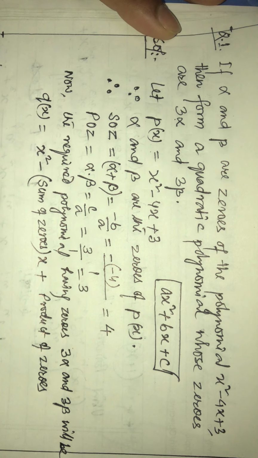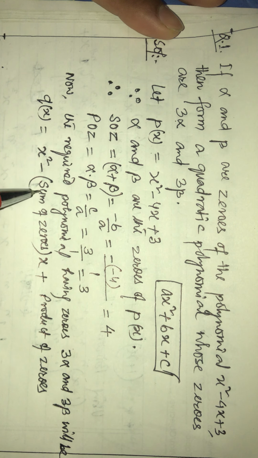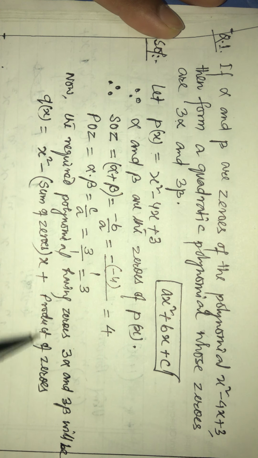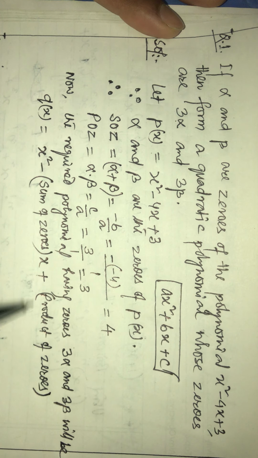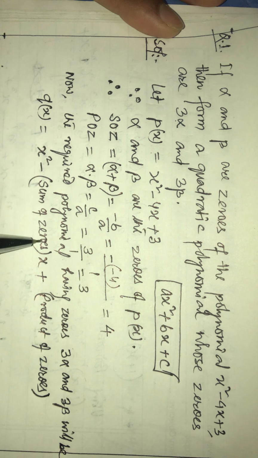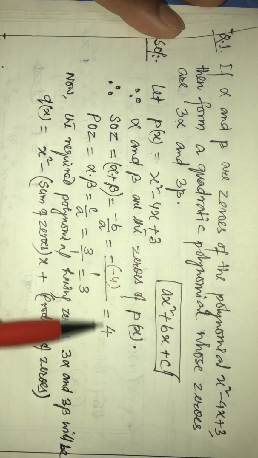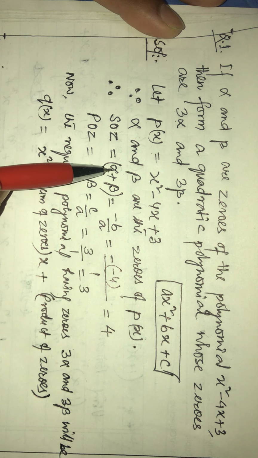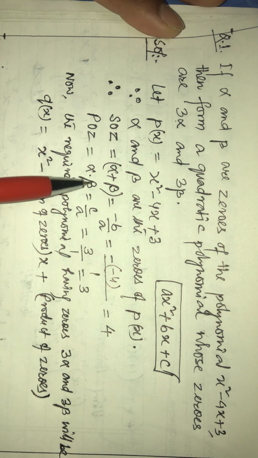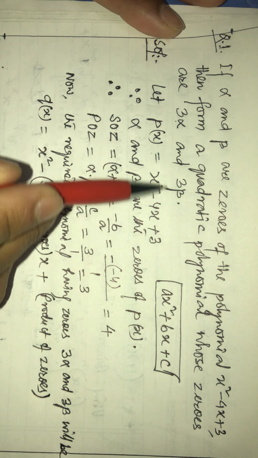So this we know. Now remember one thing, here I wrote sum of zeros, product of zeros. Here we should be particular that this sum and product are not what we got earlier. Why? Because that alpha plus beta or alpha into beta, alpha and beta were the zeros of the earlier polynomial.